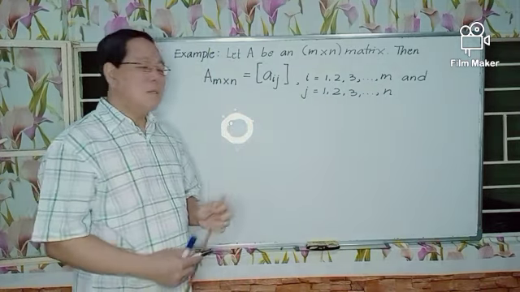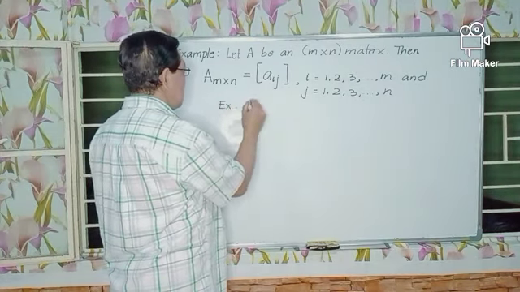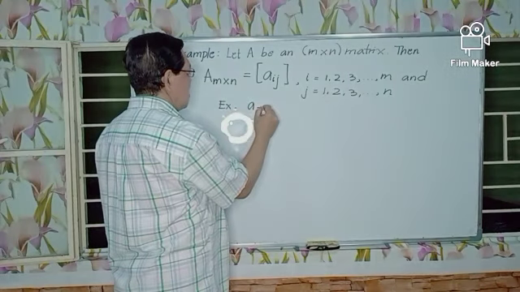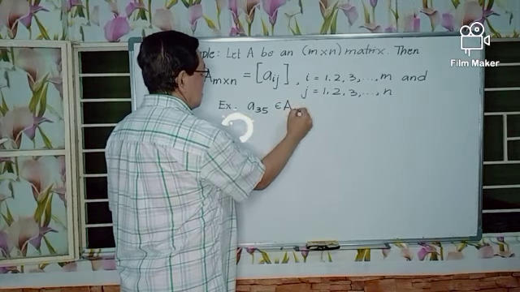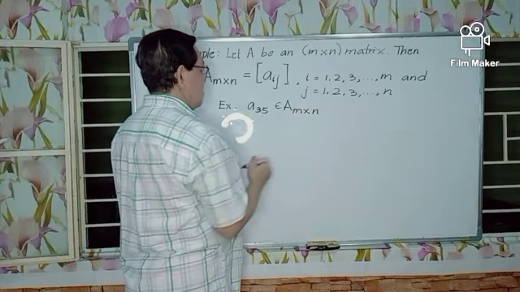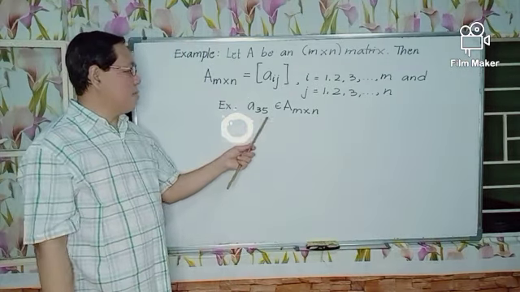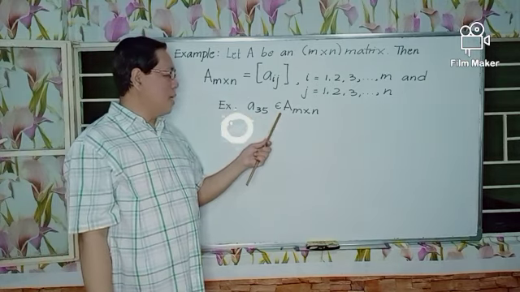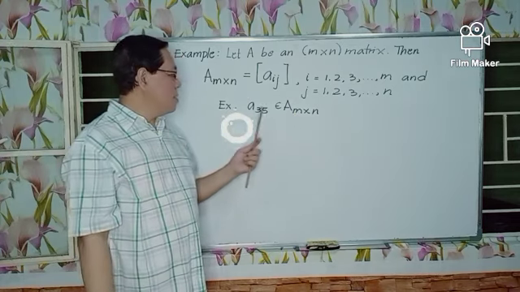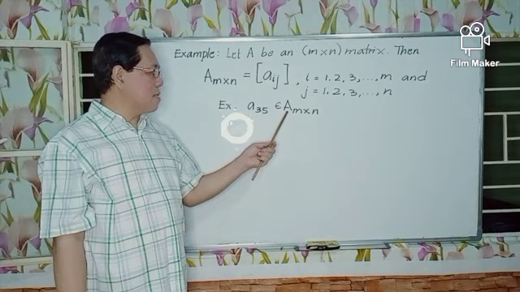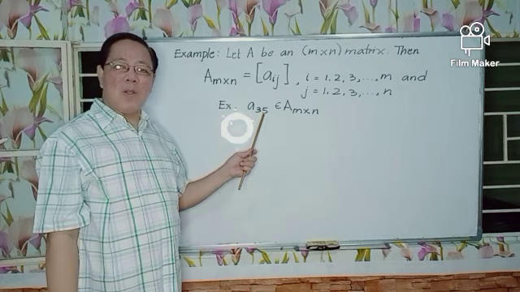For example, if a sub 35 is an element or an entry of the matrix A with size m by n, then this entry of matrix A is the entry in the third row and the fifth column.